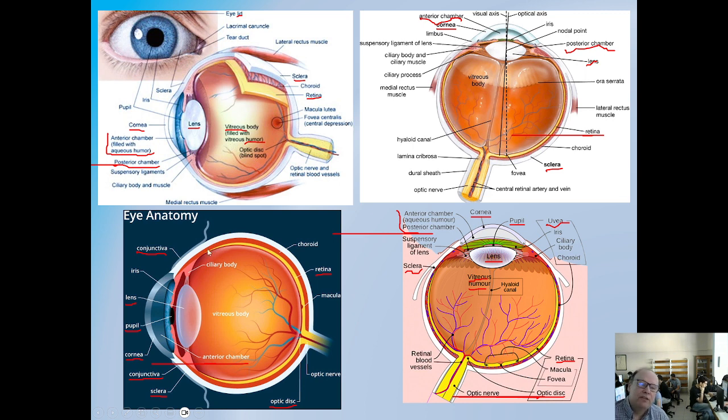Again, we can see the structures, the conjunctiva up in the iris, the lens, the cornea, which goes then here to the sclera, the retina, here is the macula, and here is where the nerve comes out, all right?